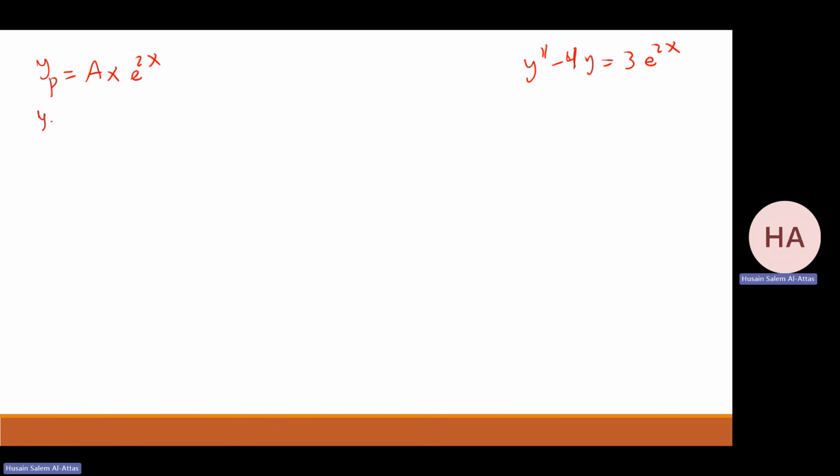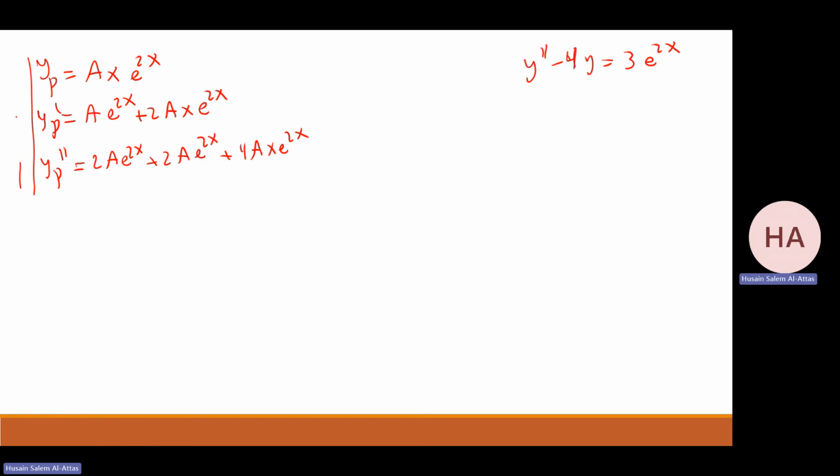Okay, so it is yp prime, and you have a product of two functions: a e to x plus 2a x e to x. You need to be careful with the calculation. yp double prime, I have what? 2a e to x plus 2a e to x plus 4a x e to x. I need to multiply this by 1, this by 0, this by minus 4. So substituting, my guess is yp equals a x e to x.